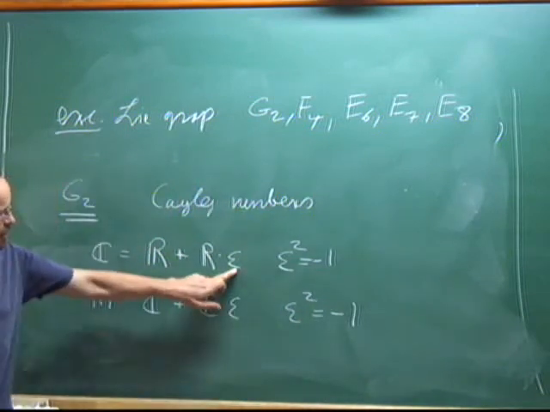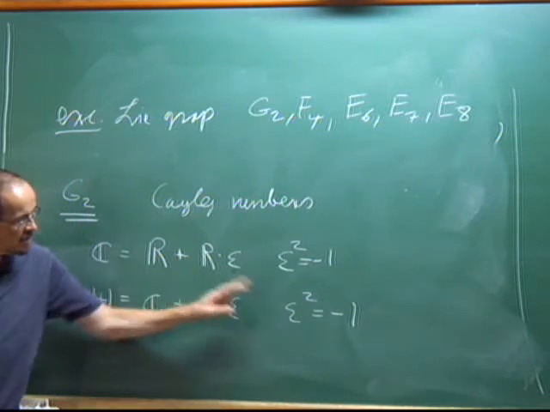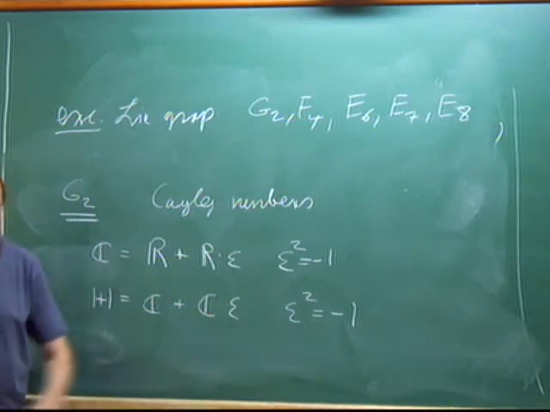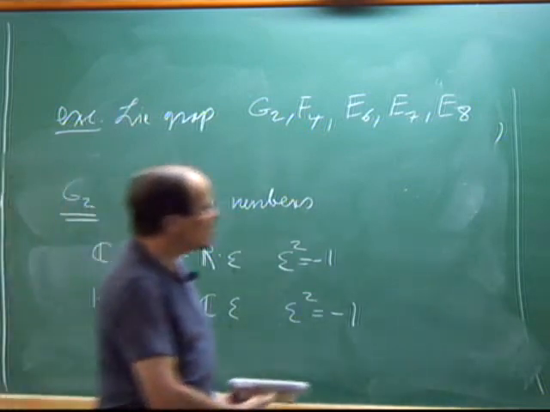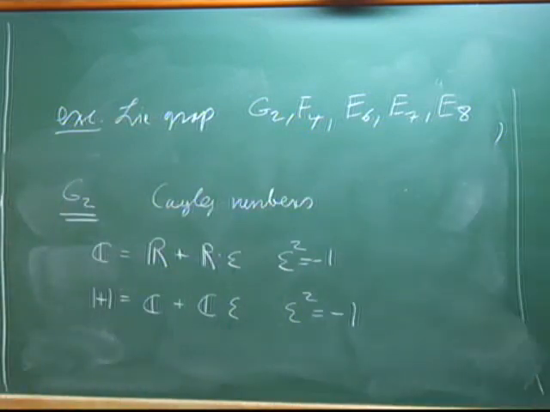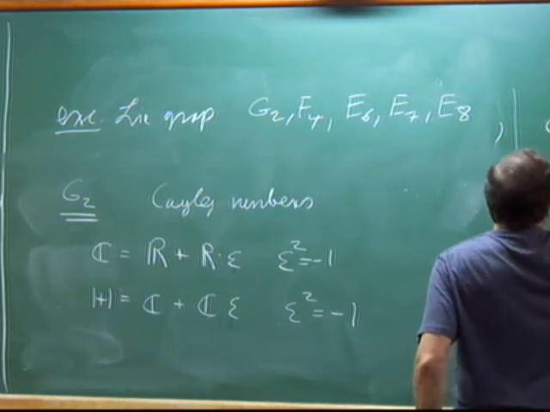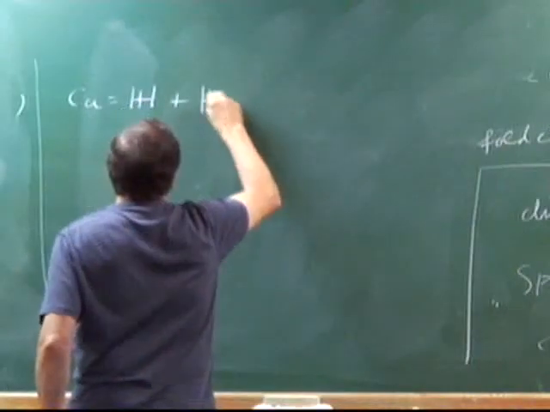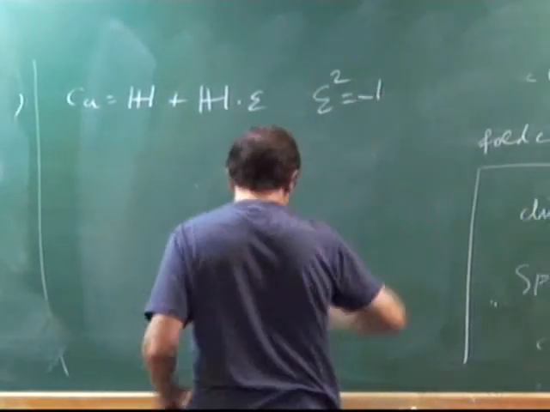Here I think, of course, of i, and here I think of j. But it always has a property that I add a new element whose square is minus 1. So now I want to do this once more, and that gives me the Cayley numbers. So I do H plus H times epsilon, and epsilon squared is minus 1.